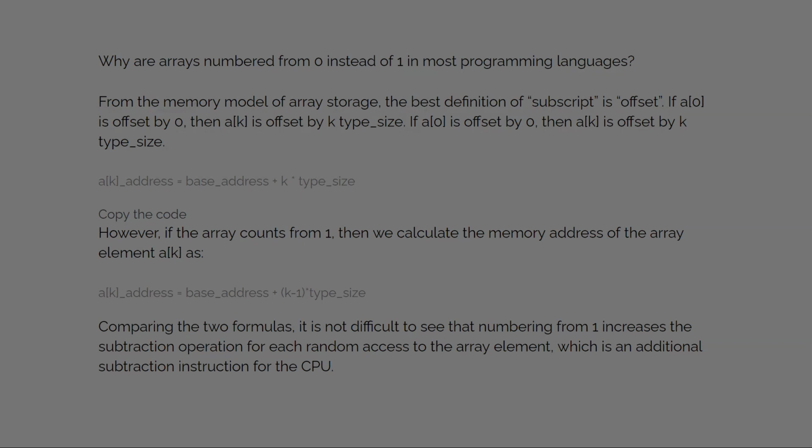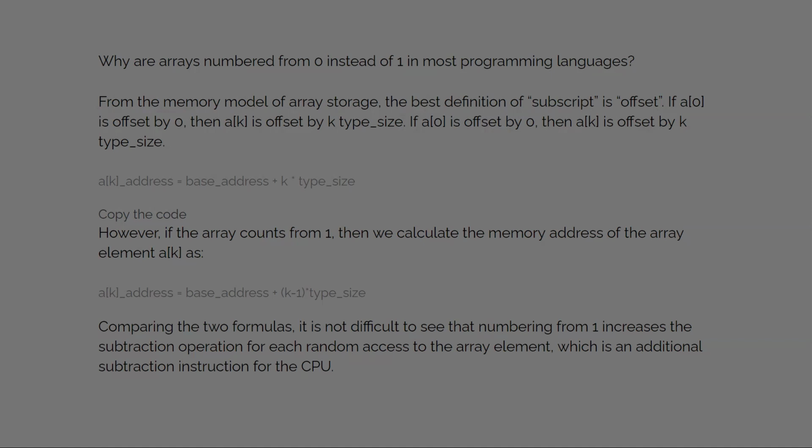However, if the array counts from 1, then we calculate the memory address of the array element A[k] as: A[k] address equals base address plus (k minus 1) multiplied by the type size.